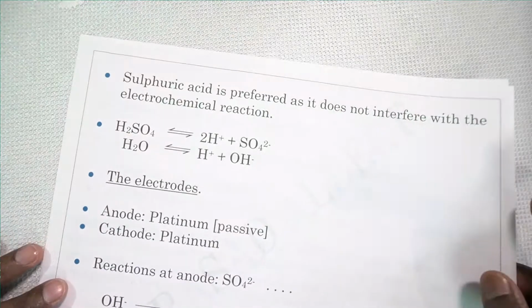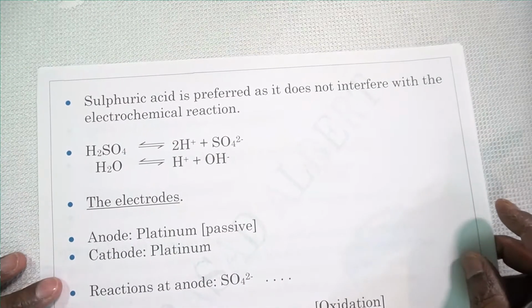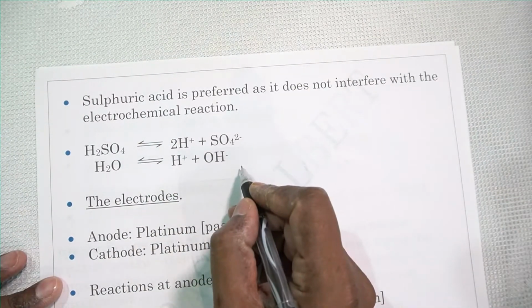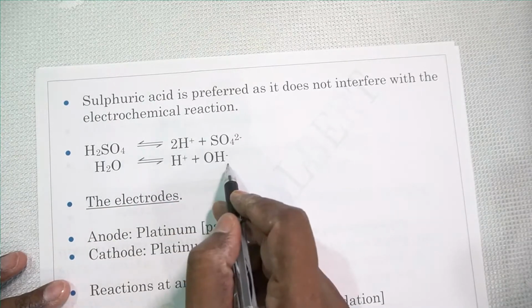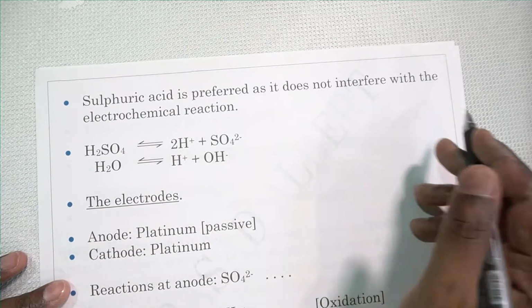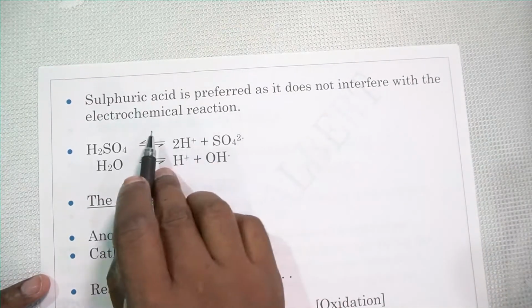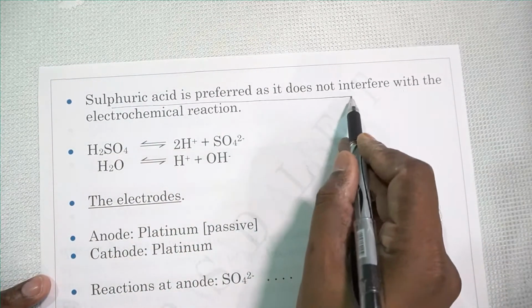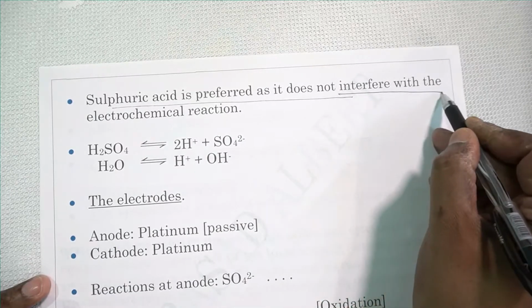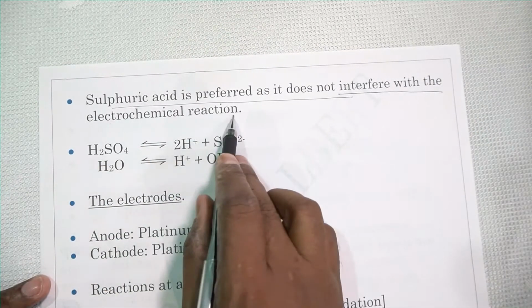Okay. Now sulfuric acid is preferred for acidifying water, or to produce ions in water, or to favor the ionization of water. In fact, you can add any ionic compound. But the thing is, we prefer sulfuric acid because it does not interfere with the electrochemical reaction.